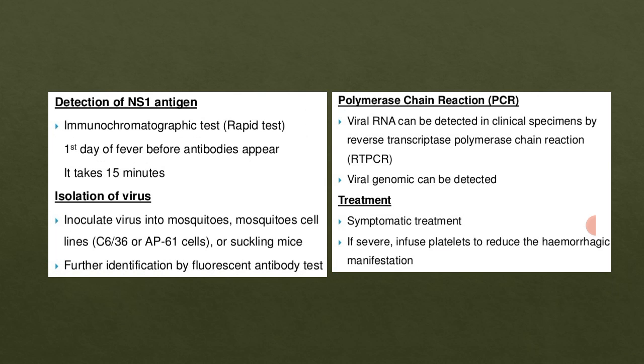After that, we can use the PCR test. After isolation, we proceed for PCR. Now the RNA can be detected in the PCR. The genome can get multiplied, can get polymerized. So the viral RNA can be detected in the clinical specimen by the RT-PCR method, reverse transcriptase method.